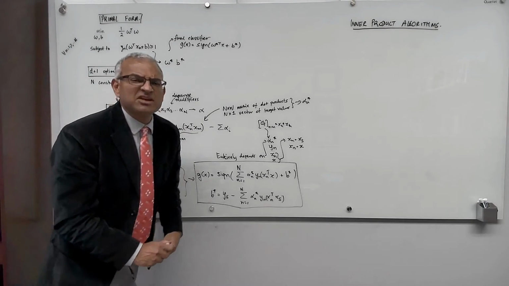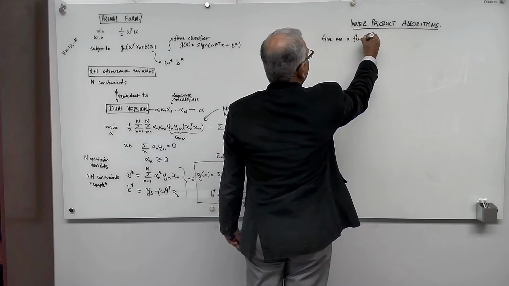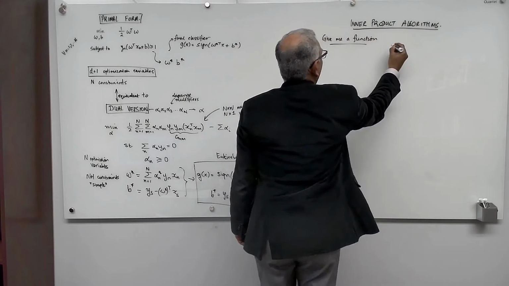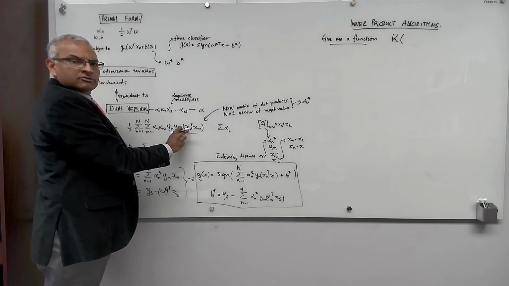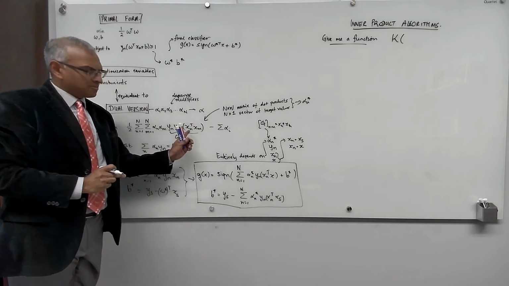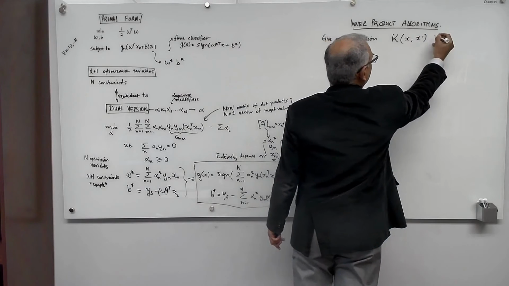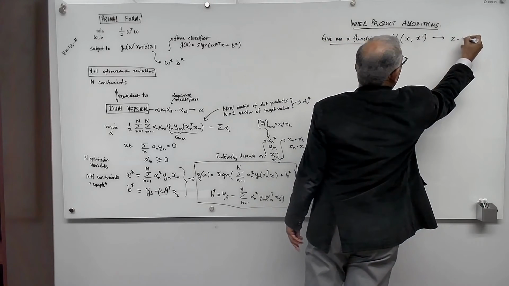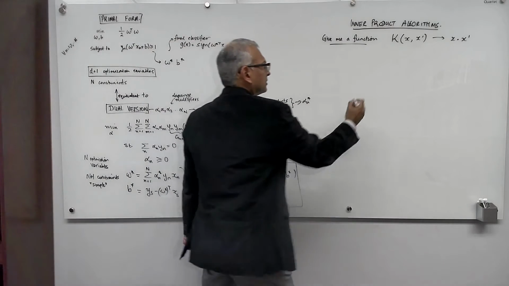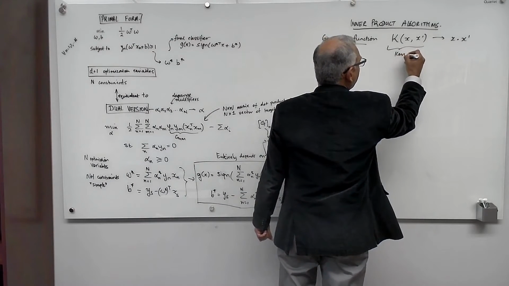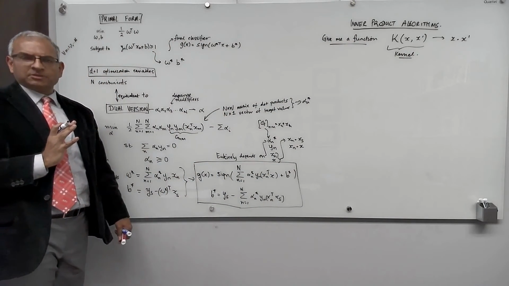Supposing you gave me a function, and I'm going to call this function k. It takes two arguments, one vector and another vector, let's call them x and x prime. And it returns x dot x prime. We call this a kernel. Then I can run the entire optimal hyperplane algorithm.